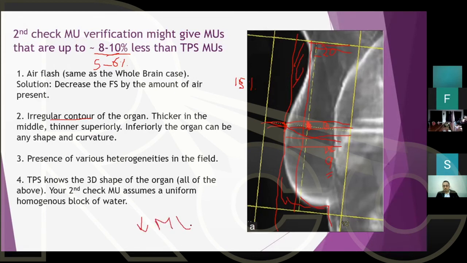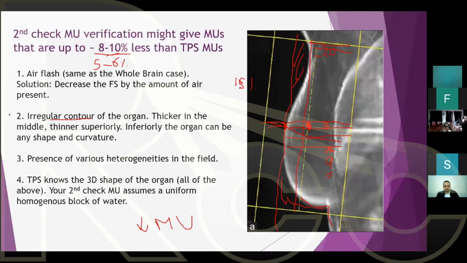What you should keep an eye on is that your second check MU is giving you less MU than your planning system. Why less MU? Because, as I said, the Excel sheet or your RadCalc is assuming a block of water. No problem with contours, no problem with heterogeneity. So it will assume life is good, there is enough scatter, so I need less MU.